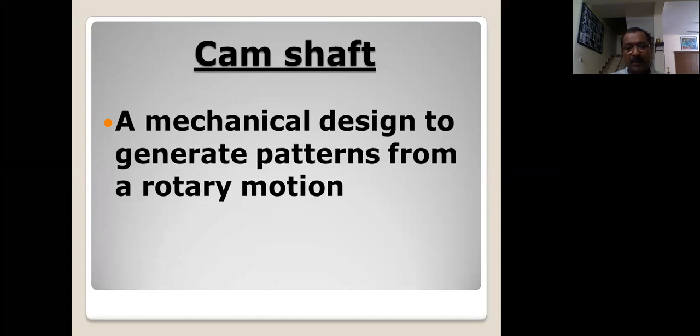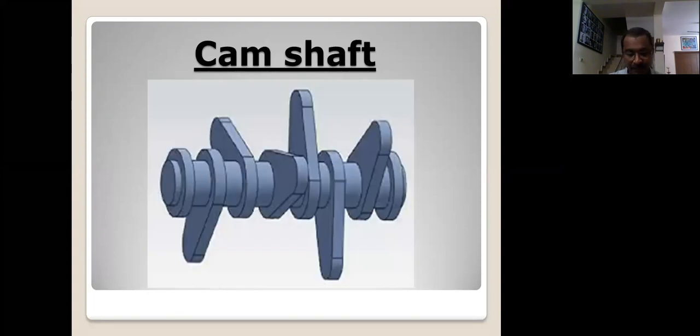For the time being, let us see how it looks. So it is a camshaft. It is a main shaft with some protrusions here and there. While rotating, this will be making some patterns.